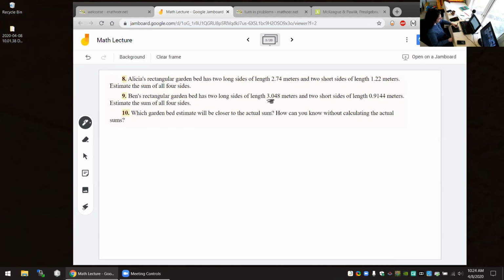So this is really close to 3. That's pretty good. And this is about 9 hundredths away. So here we're about 9 hundredths away from where we should be. Here we're about 4 hundredths away from where we should be. So that's pretty small. Let's check the other one.